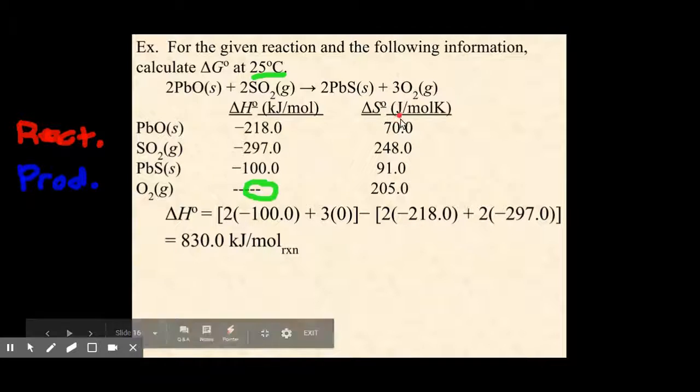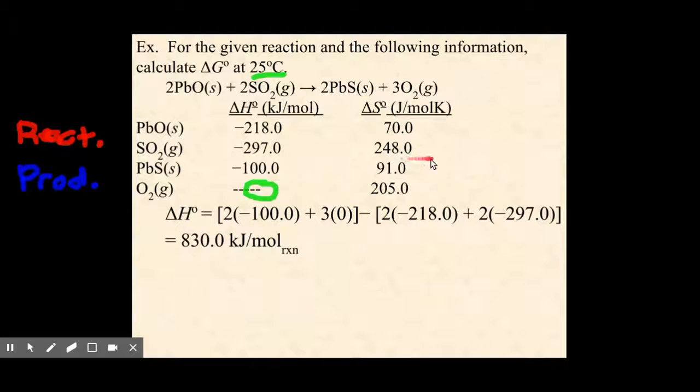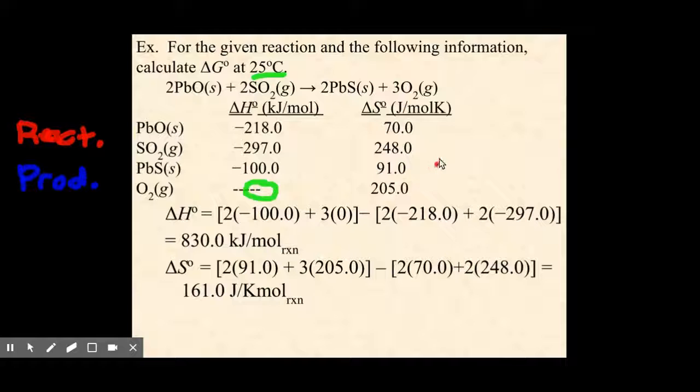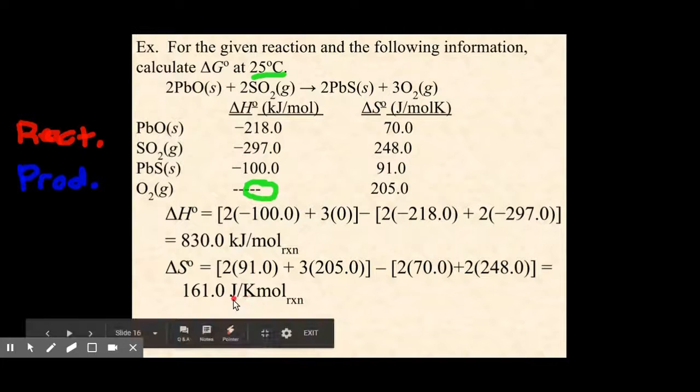Okay, so that's why it's kilojoules per mole of reaction. Now notice that when we do the next part, our next units are going to be in joules. So you got to be careful, like I told you. We'll apply the same step, just like we did before, where we substitute our entropies.